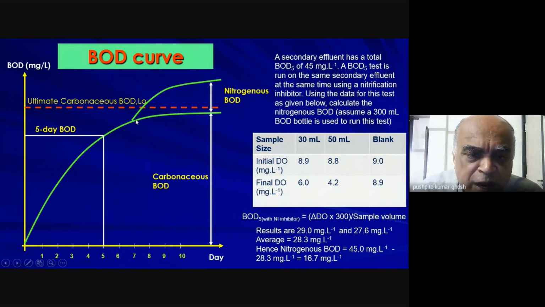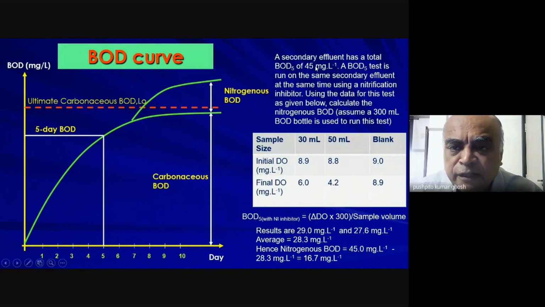But somewhere before that, there would be a rise due to the nitrogenous substances which can also get oxidized. So you will need to find out what is really the contribution of nitrogenous substances to your BOD versus the carbonaceous substance.